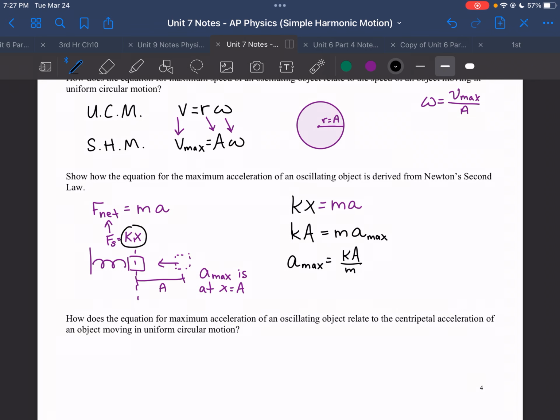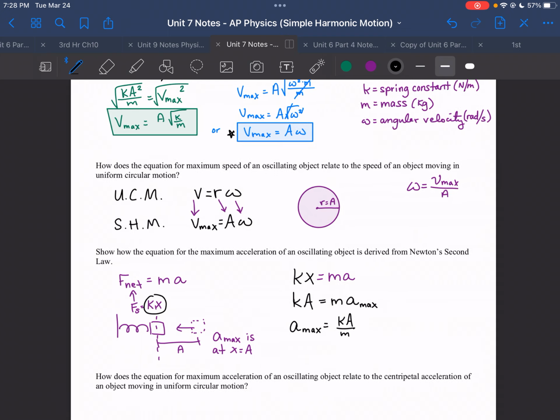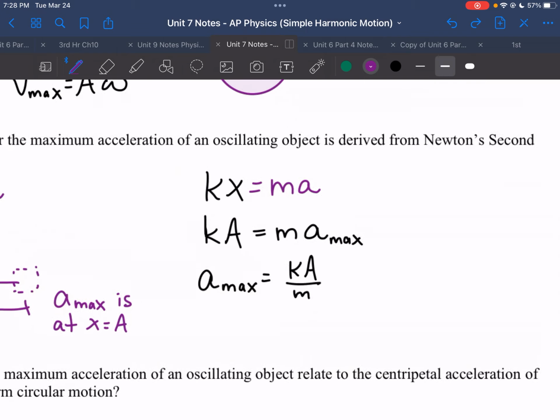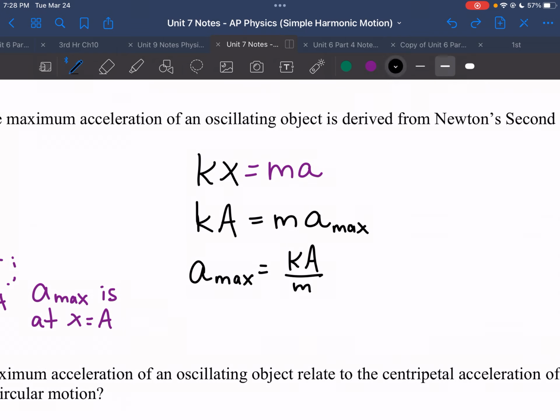Now, keeping all this information, we've got a lot of different things that we can do here. We know that the spring constant, if I want to get rid of that spring constant again, I know that it's still omega squared times the mass. So I could write this out again and say that the max acceleration is omega squared times m times the amplitude divided by the mass.